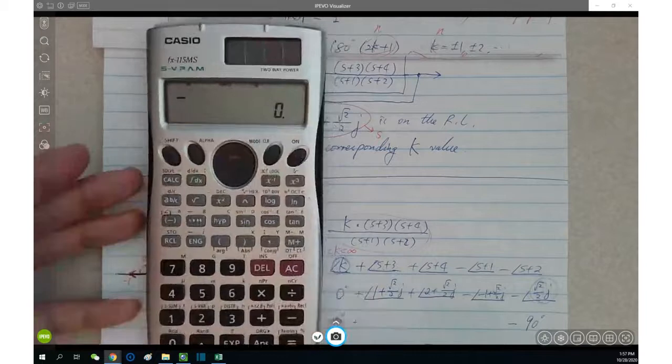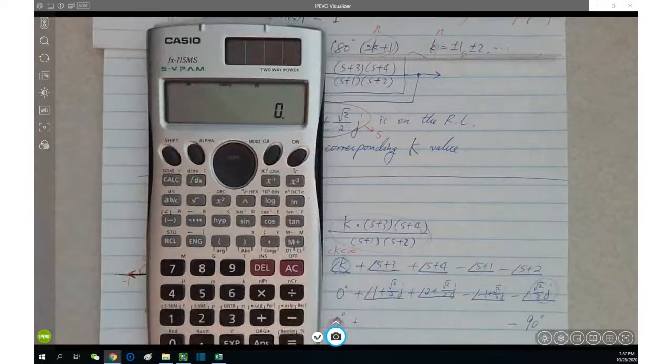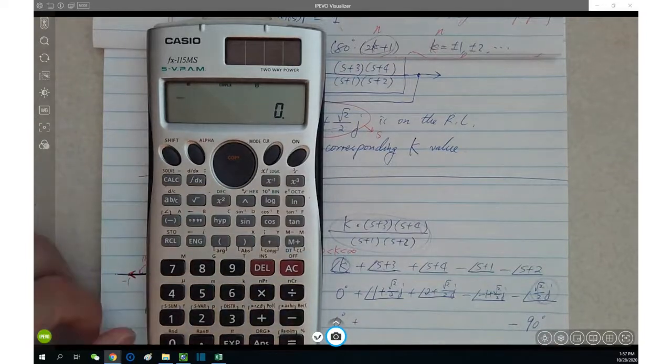How to do this phase angle? You're not doing inverse tangent. Okay, you're not doing that. That's not the best way, because it is involving pi in that result. Might mess everything up. How to do this is you input this.